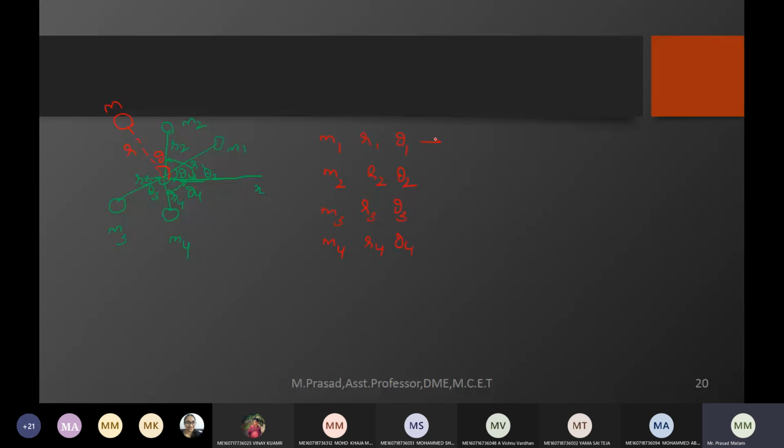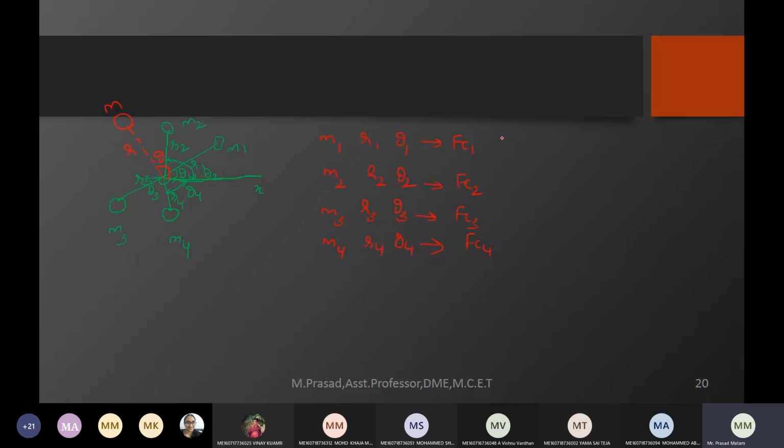Due to mass M1, I am getting the centrifugal force Fc1. Similarly, due to mass M2, centrifugal force Fc2. Due to mass M3, the centrifugal force Fc3. Similarly, due to mass M4, the centrifugal force Fc4. These four are the disturbance masses.